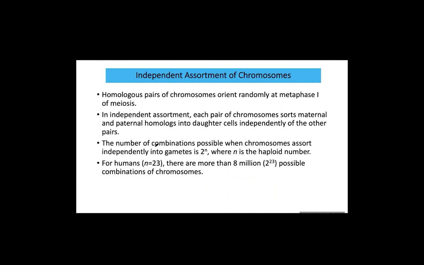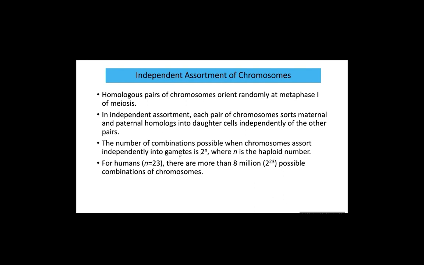In these kinds of independent assortment, each pair of chromosomes sorts maternal and paternal homologues into daughter cells independently of the other pairs. Therefore, the number of combinations possible when the chromosomes assort independently into gametes is 2 to the power n. So how can we estimate the possible combination number?